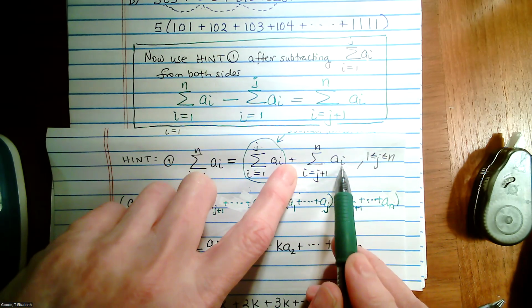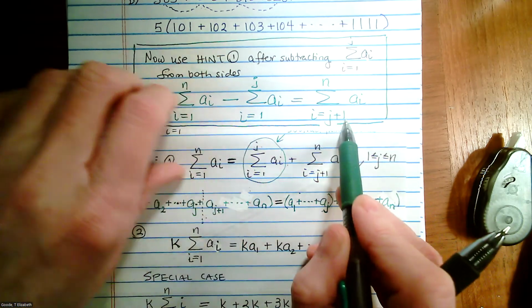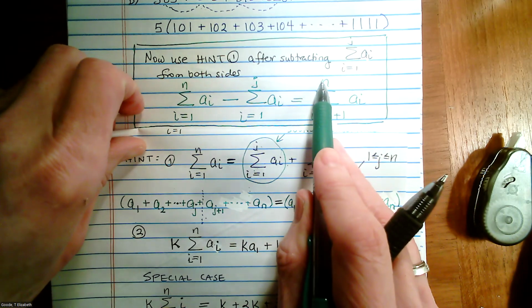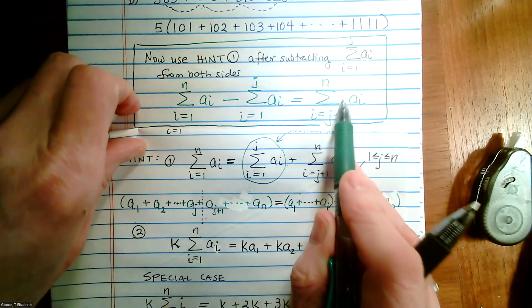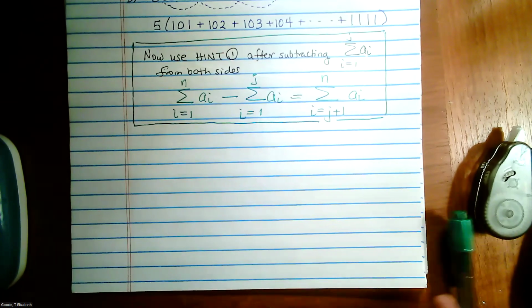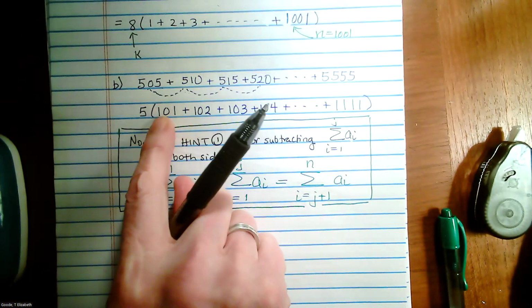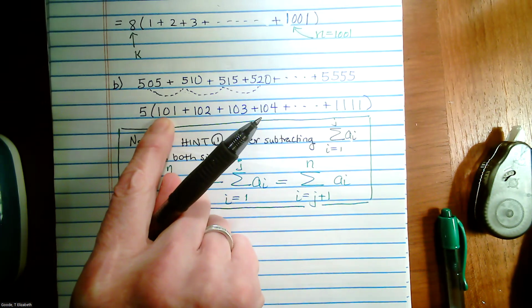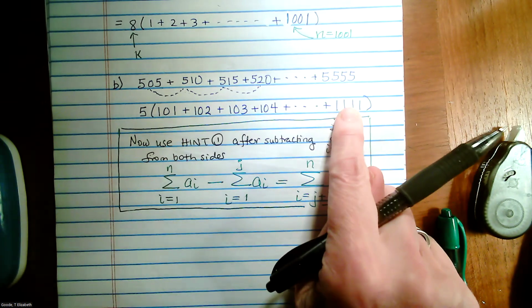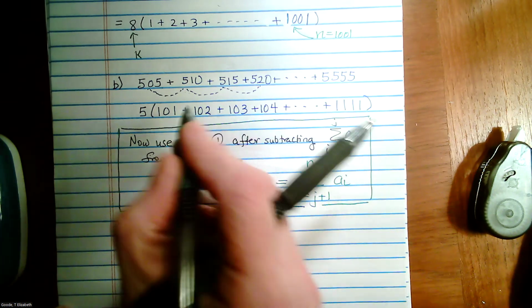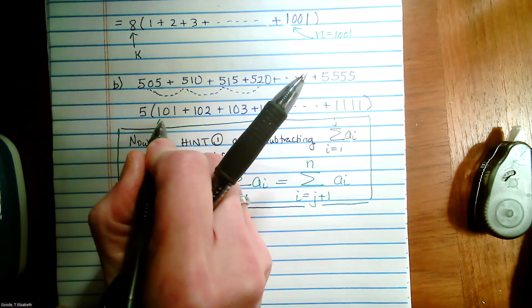I'm just taking this over to the other side as a minus. And that leaves the sum that's shifted and starting at j plus 1, going up to n alone on this side. So here, when we look at what we've got, this is shifted. This is our j plus 1. This is our n. This is our a.